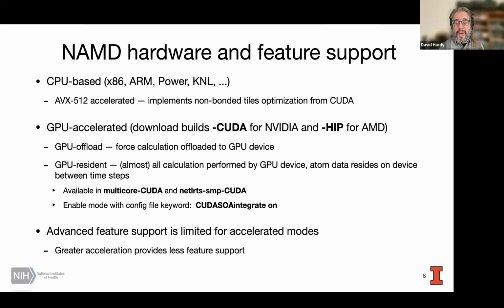And so we've been able to do that for some of our features, but we have not had the opportunity to do that for all of our features yet. So you can think of this as, you can get good acceleration out of NAMD, but then you have maybe fewer advanced features available to you.